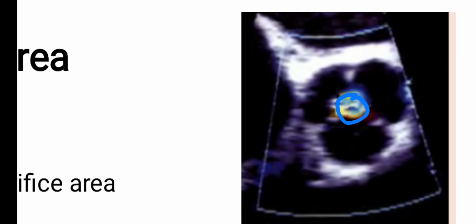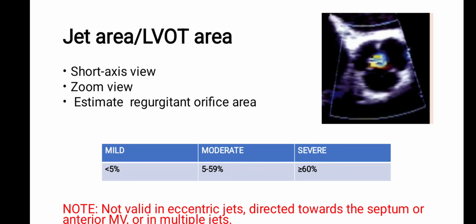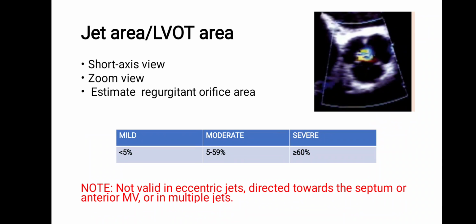Without regurgitation, measure the LVOT area, and then in the zoomed view measure the jet area. Jet area by LVOT area: mild is less than 5%, moderate is 5 to 59%, severe is greater than 60%. This is not valid in eccentric jets, which are directed towards the septum or anterior mitral valve, or in multiple jets.